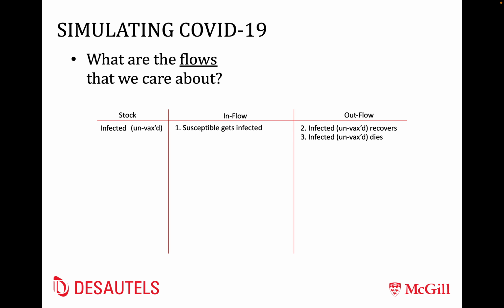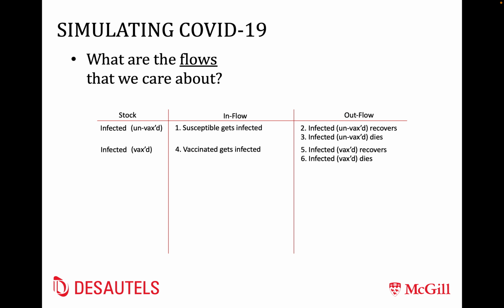And then we have the other way in which someone is removed from the infected category, which is that they die, right? COVID is unfortunately one of those diseases that is associated with a significant mortality rate, higher than comparable viral diseases like influenza. So mortality is an important outflow for individuals infected with COVID.